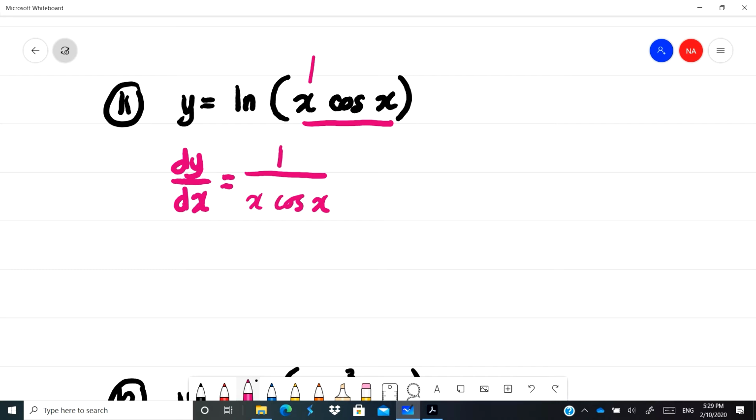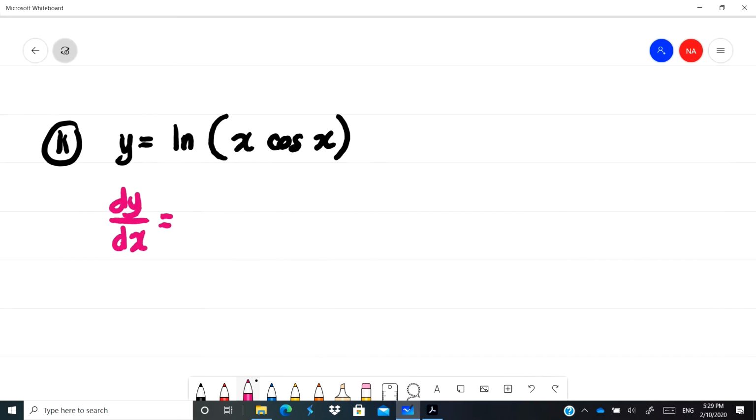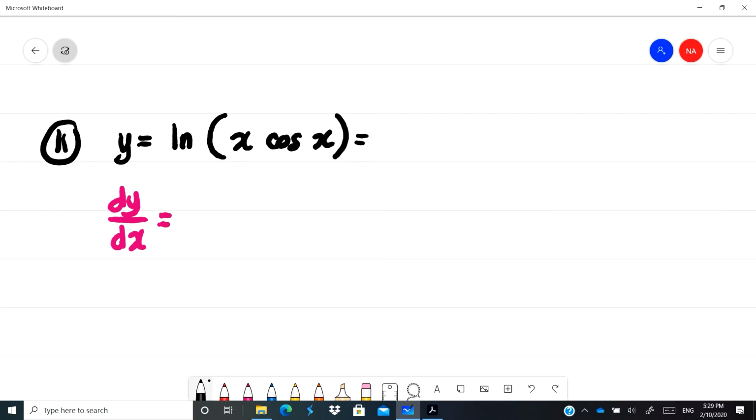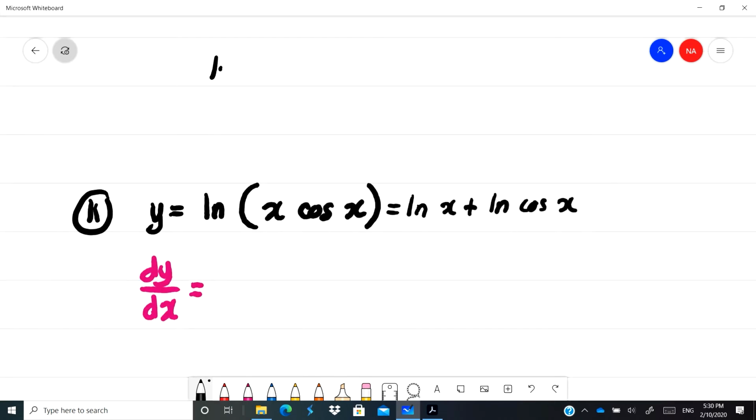So you try to avoid this by using the properties of logarithm, where you can rewrite this as the addition of 2 logarithms, where ln of x cos x will be written as ln of x plus ln of cos x. Because we have the rule saying that ln of a multiplied by b will give you ln of a plus ln of b. This is the property of logarithm.